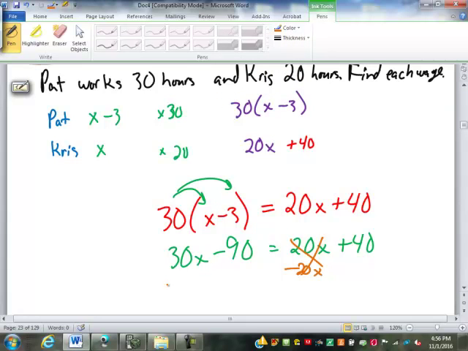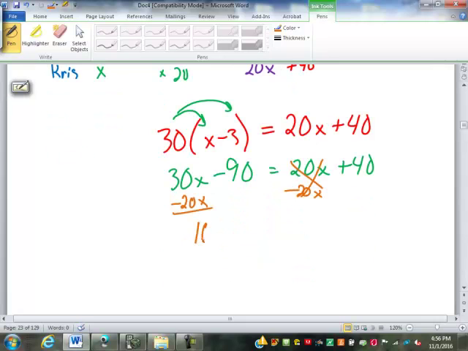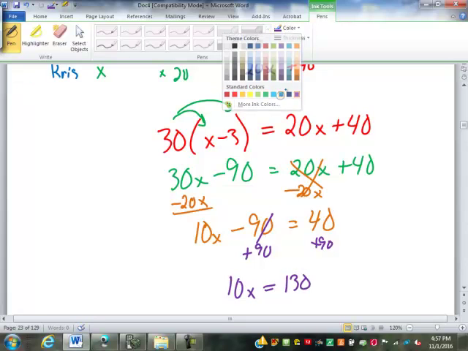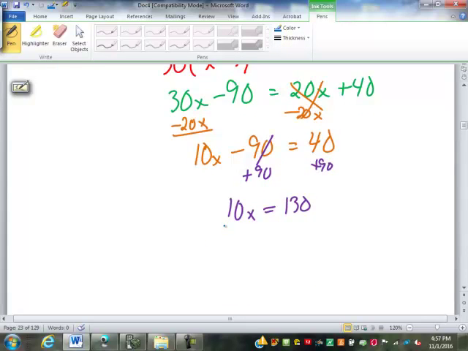Get rid of one of the X's. 30X minus 20X is 10X minus 90 equals 40. And then add 90. 10X equals 130. And then divide by 10. X equals 13. All done?